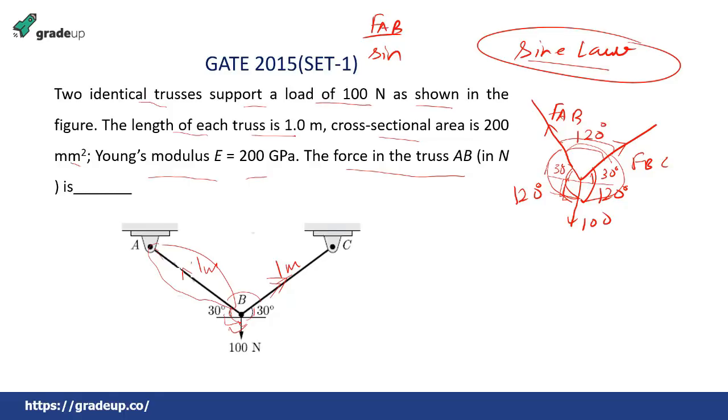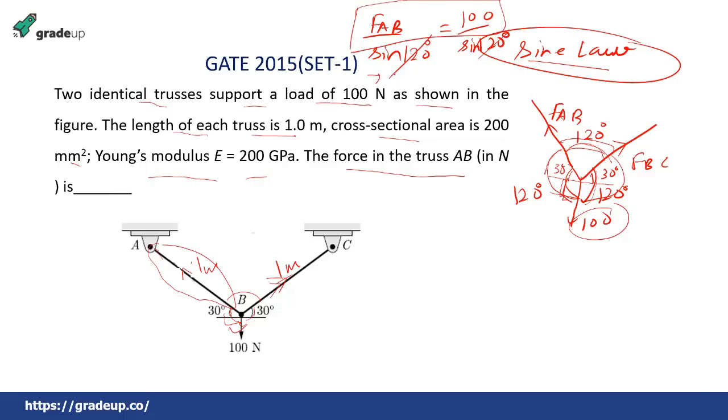So we can say that the opposite side angle for FAB is 120. FAB over sine 120 degree will be equal to 100 over sine 120 degree, the opposite angle. Do I really need to solve after this? This will get cancelled out. FAB will be equal to 100.